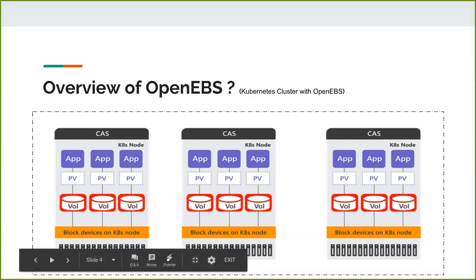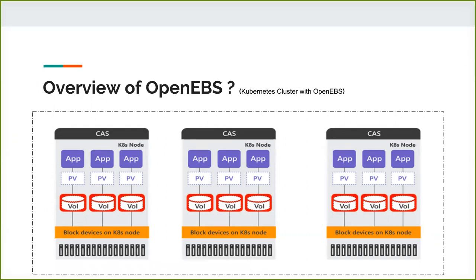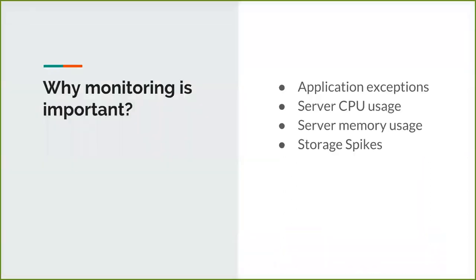This is the relationship OpenEBS has. OpenEBS is truly containerized storage because it provides storage as a container. OpenEBS has mainly two types of storage engines, one is Jiva and one is cStor, and both can be deployed as containers.